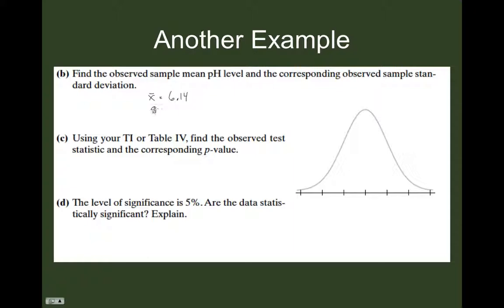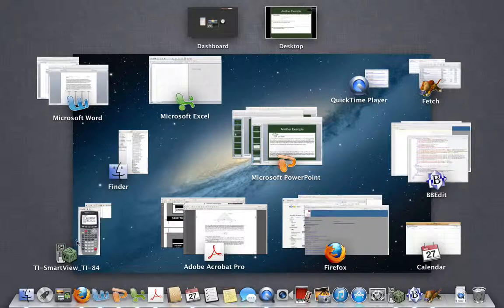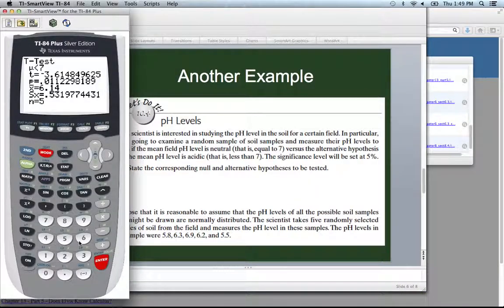I should have written it down. s equals about 0.53, approximately. Again, those are both coming off of the t-test on the calculator. And the corresponding p-value? What was the p-value? I don't remember. About 1%. It's just about 1%.